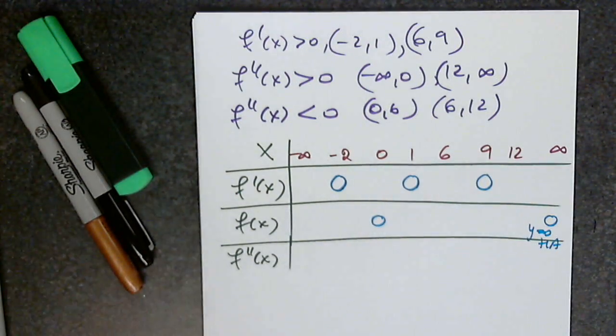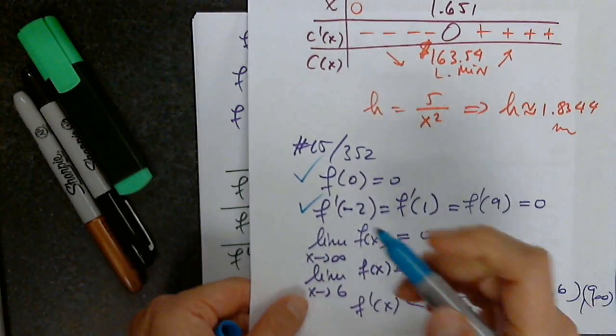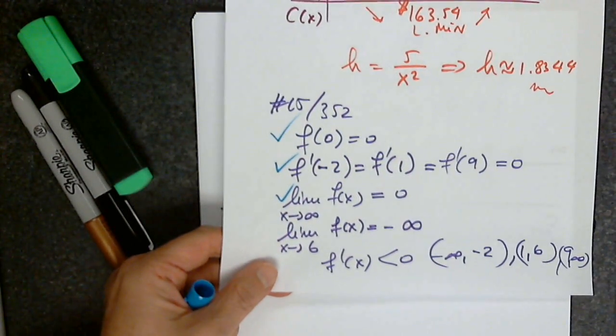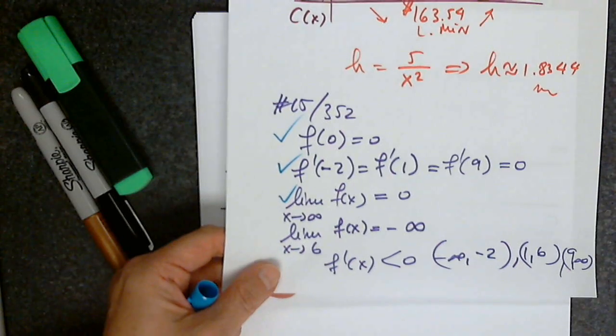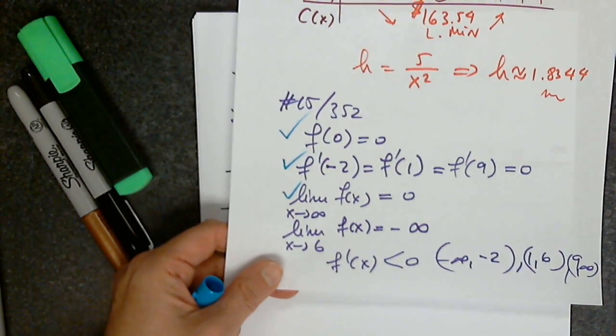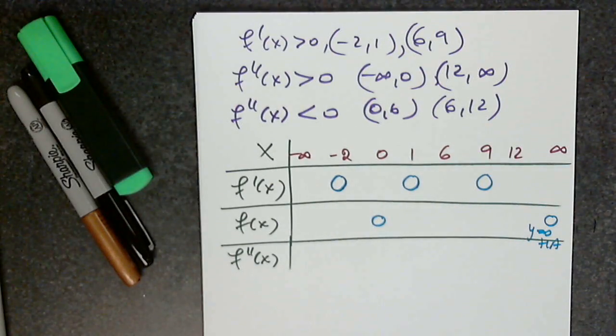Are you with me so far? Is it clear what we're trying to do? We have to summarize the information. By looking at this, I will not be able to write anything or do anything. Okay. So now this is done. Limit of f of x as x approaches 6 from either side is -infinity. What does that mean? What does x equals 6 mean for the function in that case?